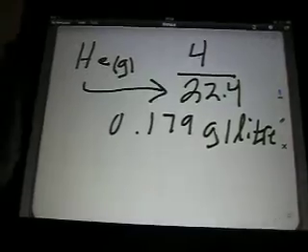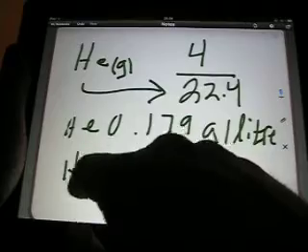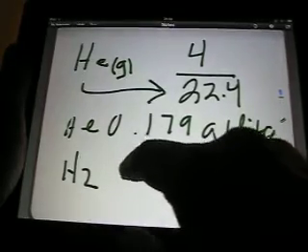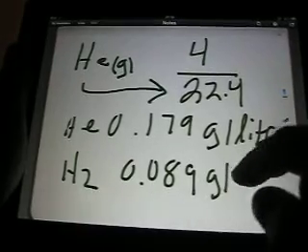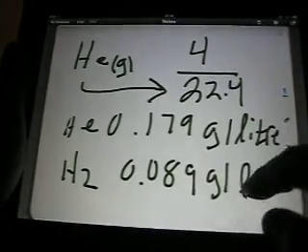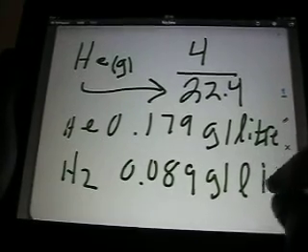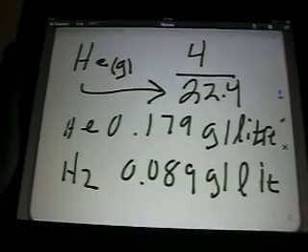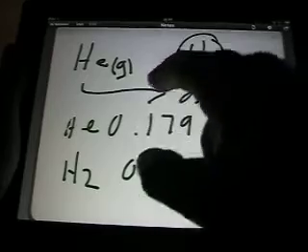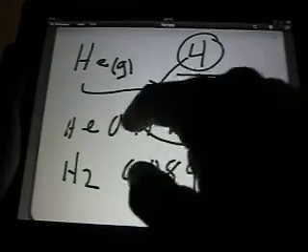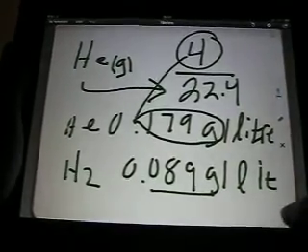And we compare that to hydrogen in its gaseous phase, that's 0.089 grams per liter. And you can definitely tell there's more mass here, and certainly this number is larger than this number. So our math seems to be working intuitively, and that's a good thing.